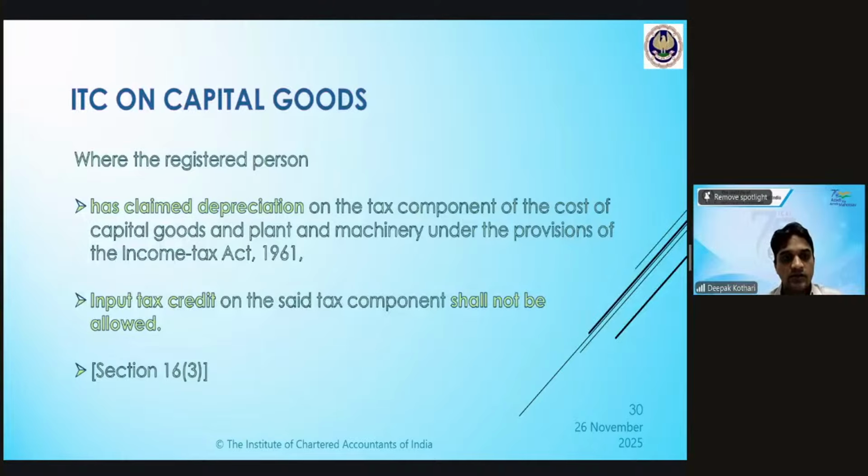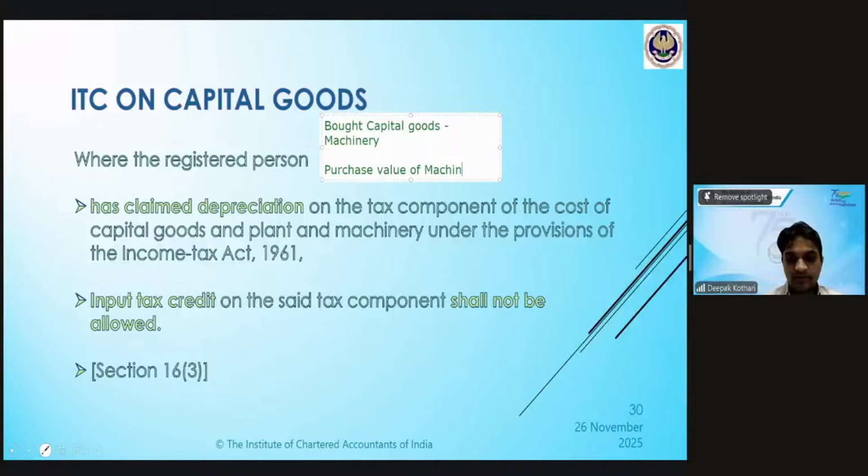Not possible. So for the benefit of others who have not understood what I'm saying, I'll give you an example. You have bought capital goods. What capital goods? You have bought a machinery. Now, your purchase value of the machinery is 10 lakh rupees.